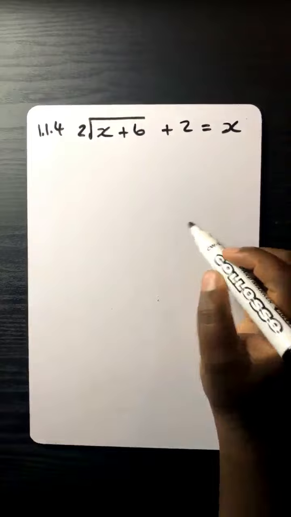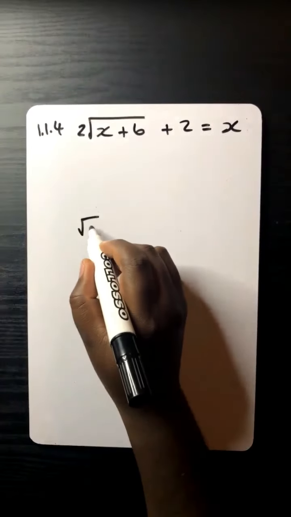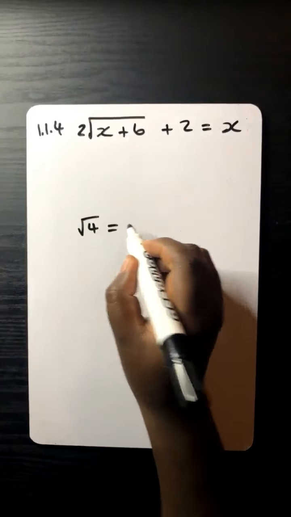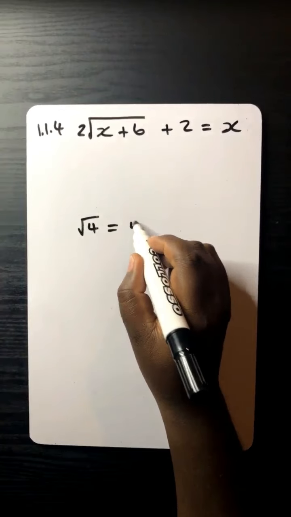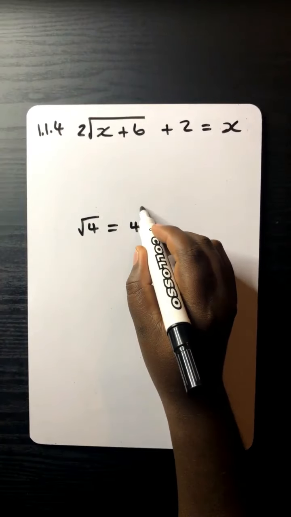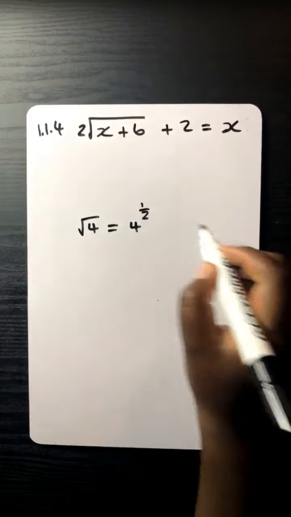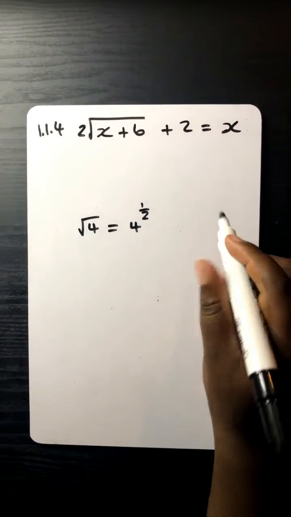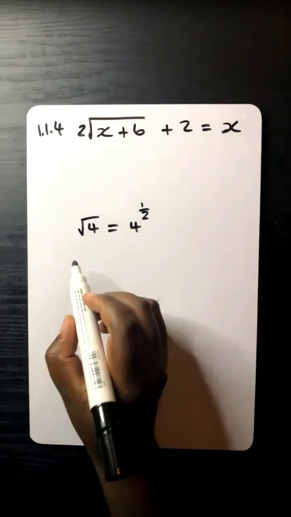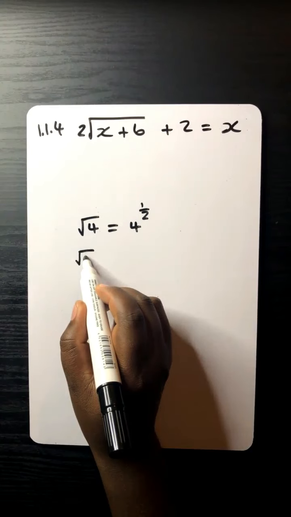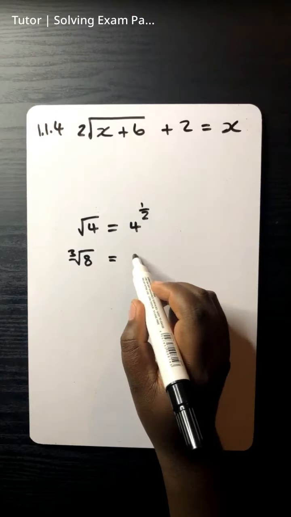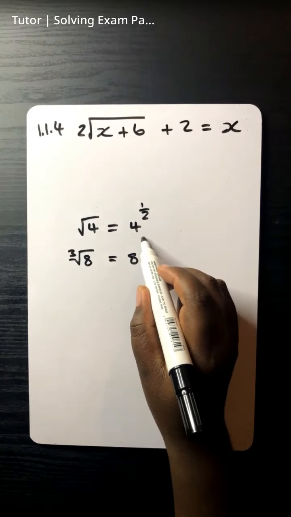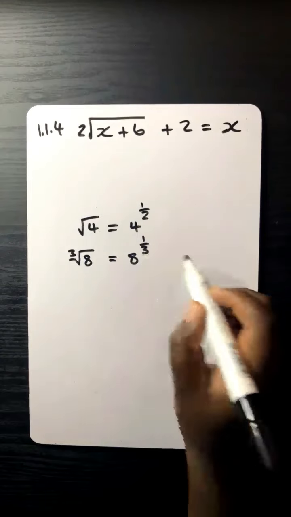So square root of 4 is the same as 4 to the exponent 1 over 2. The cube root of 8, let me say 3 square root of 8, is the same as 8 to the exponent 1 over 3.